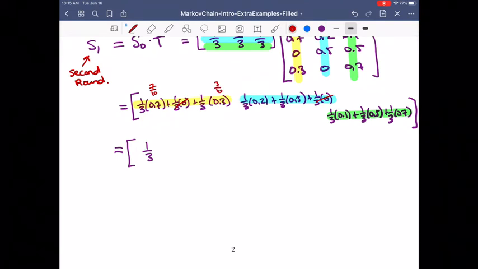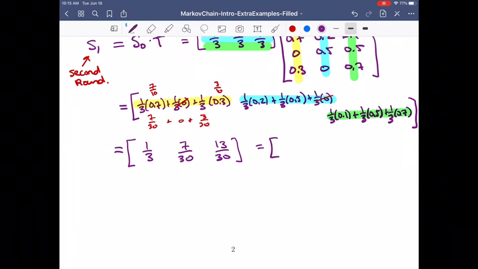So 1/3 times 7 out of 10 is 7 out of 30, plus 0, plus 1/3 times 3 over 10 is 3 out of 30, so I get 10 out of 30, which is 1/3. You can use your calculator here, it doesn't really matter. Similarly, the second entry is going to be 7 out of 30, and the third entry is 13 out of 30. If you want to compute these as decimals, it's 0.33, 0.23, and 0.43.